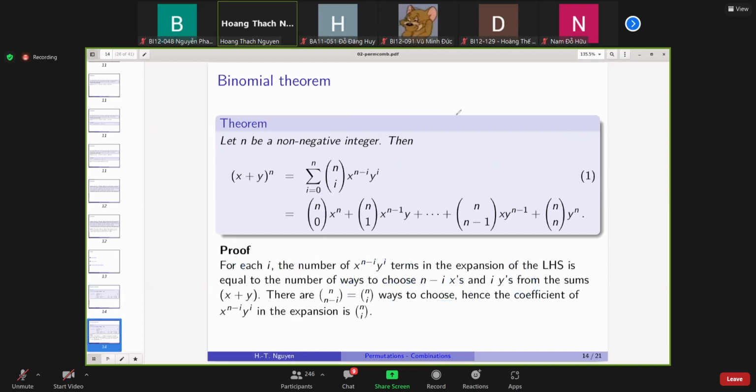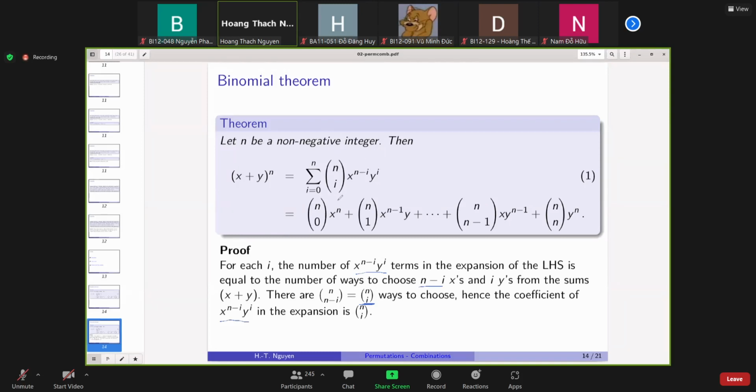So I will erase all this. The number of such terms is equal to the number of ways to choose n minus i x's and i y's from the sums. Since the number of ways to choose is exactly n choose i, the coefficient of this term is n choose i. So this is a combinatorial proof of the binomial formula.